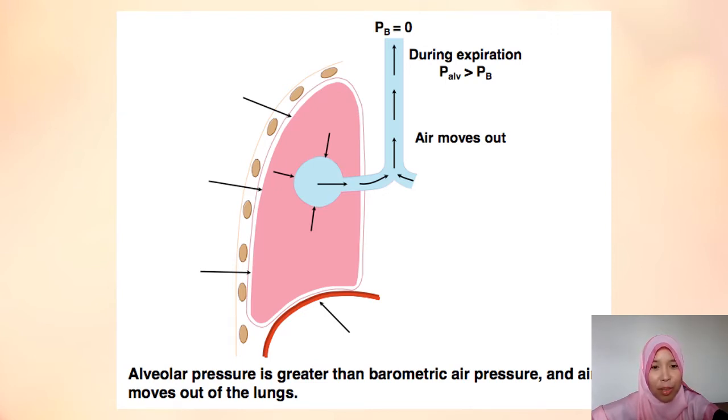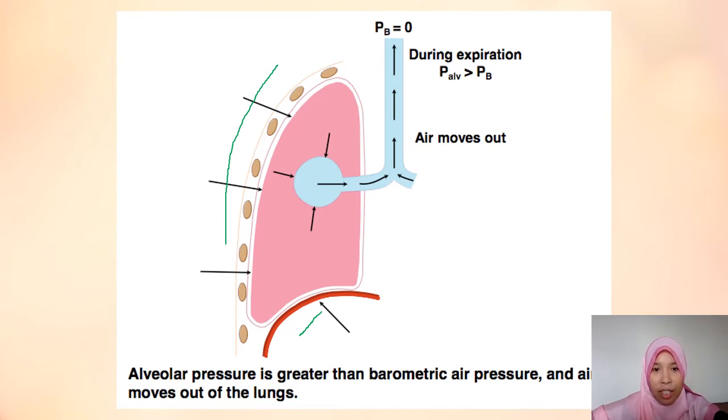because of the movement of the muscle, because of the relaxation of the muscles, particularly the diaphragm and the external intercostal muscles here. So the relaxation of both muscles causes the reduction in the volume of the thoracic cavity, causing the increase in pressure.